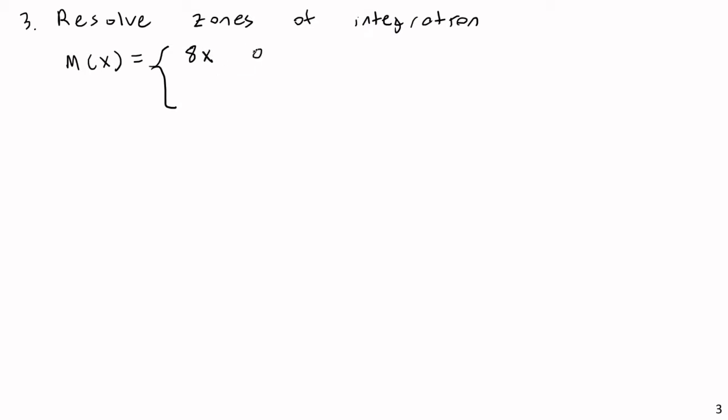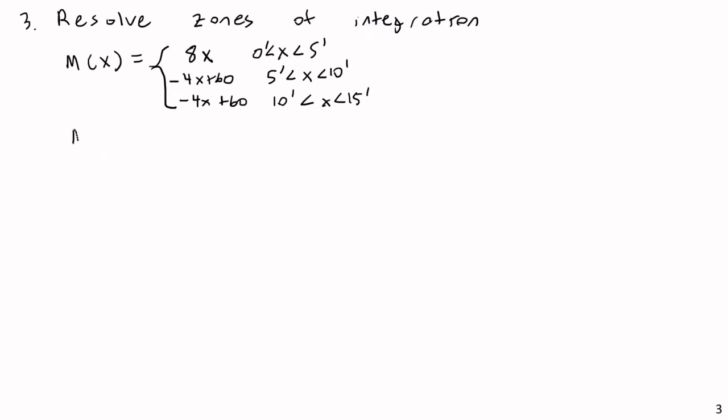So 8x will still exist from 0 to 5 feet. But then I'm going to split up this negative 4x plus 60 between 5 and 10 feet, and then an identical one in the last 5 feet of the beam, 10 feet less than x less than 15 feet.